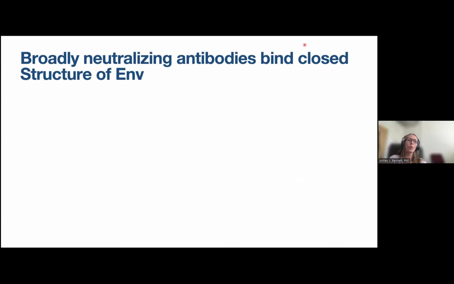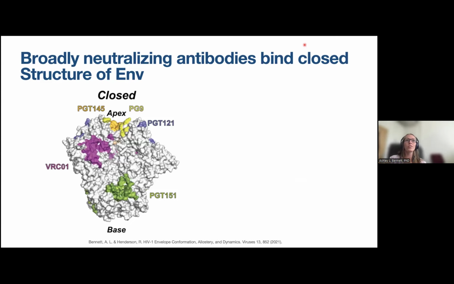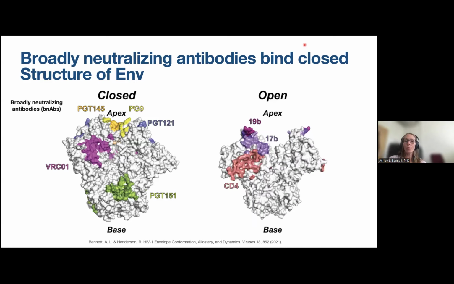Previous studies have shown that antibodies with the capacity to neutralize a larger breadth of HIV strains, what we call broadly neutralizing antibodies, prefer to bind the closed structure of the envelope, and antibodies that bind the open structure tend to be either weakly or non-neutralizing.